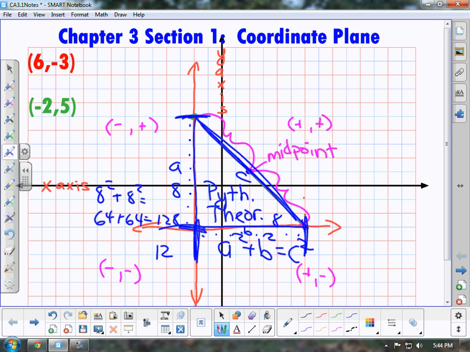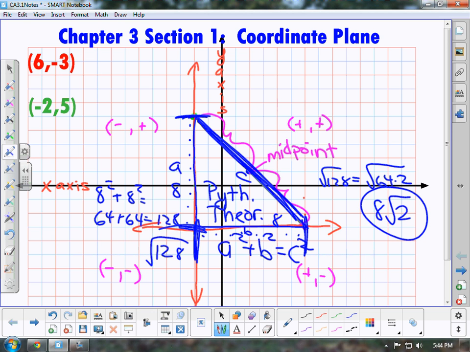And so then the square root of 128 would be what this distance is. And the square root of 128 can be simplified to the square root of 64 times 2, and the square root of 64 is 8. So it is 8 times the square root of 2.